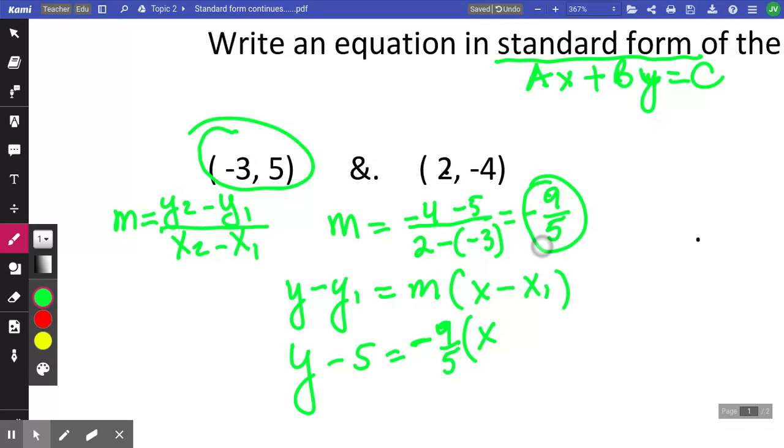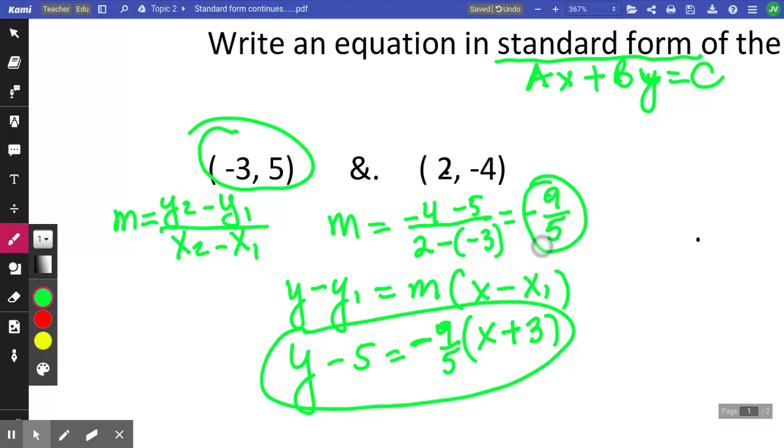Now the x is -3, so the numbers in parentheses will be x plus 3, because x minus -3 is x plus 3. So I wrote the equation in point-slope form.